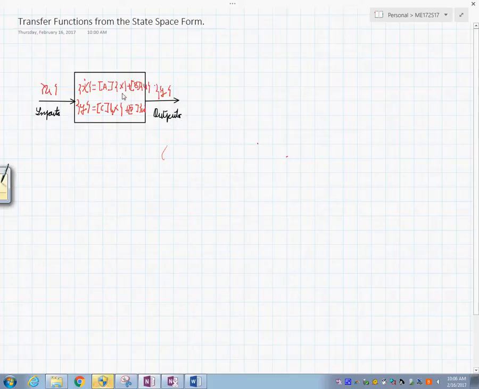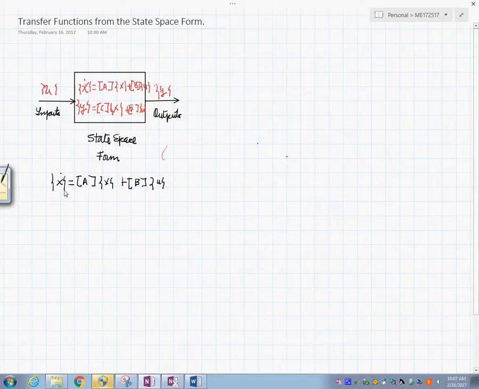Okay, so you have a system that has been defined by this. This is called state space form. So you have that x dot is equal to the matrix A times the vector x plus the matrix B times the vector u.